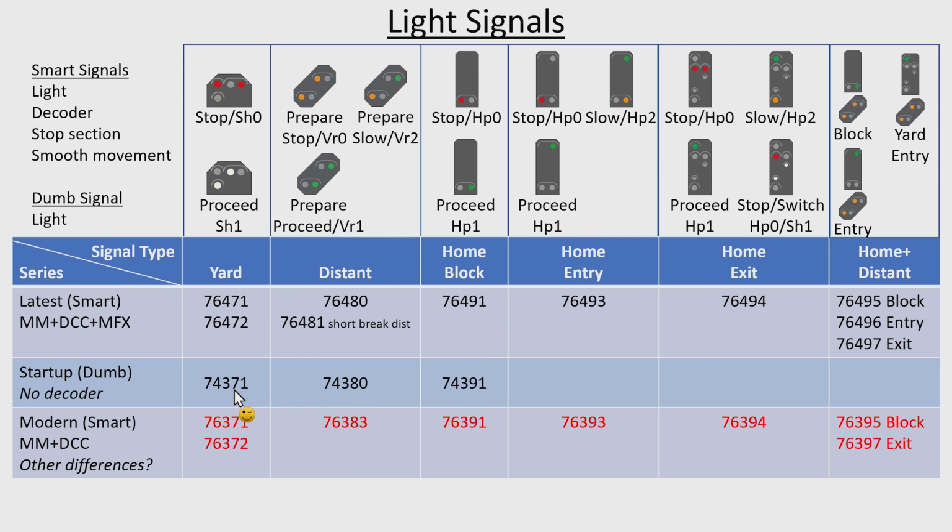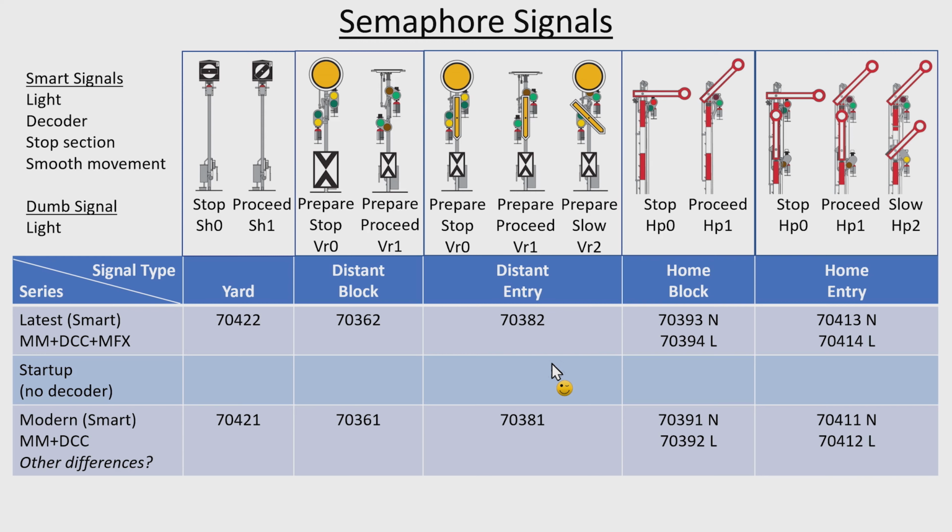So there is really only a yard signal, a distance signal, and a home block signal. Now let's look at the semaphore signals. So in essence, a lot is the same. There are more light signals than there are semaphore signals, which also, as I understand it, reflected the times.